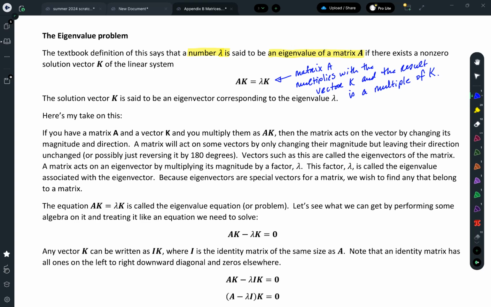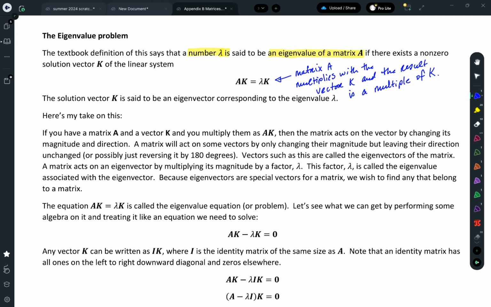Here's what else it's saying. Vectors point in a specific direction in space. This k vector, when it gets multiplied by A, doesn't change its direction. It changes its length, but not its direction, because the components of it will be the same up to a constant multiple.